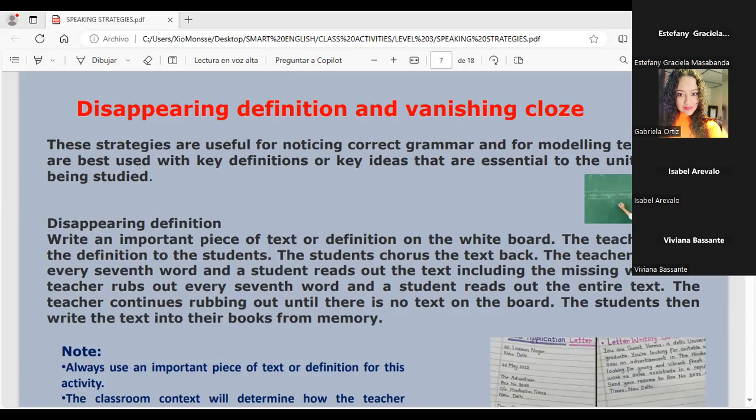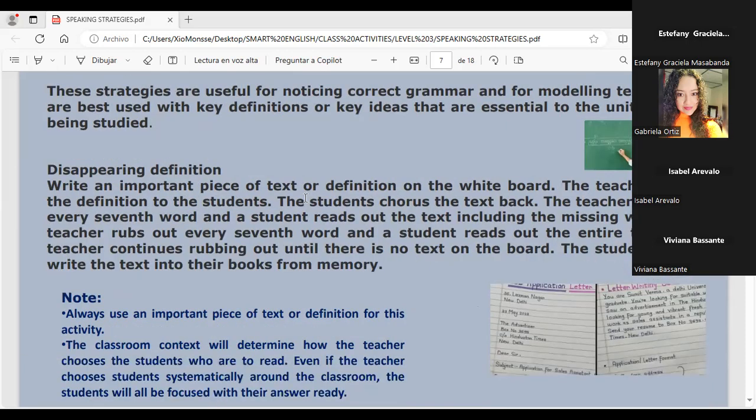These strategies are useful for noticing correct grammar and for modeling texts. They are best used with key definitions or key ideas that are essential to the unit of work being studied. Disappearing definition. Write an important piece of text or definition on the whiteboard. The teacher reads the definition to the students.